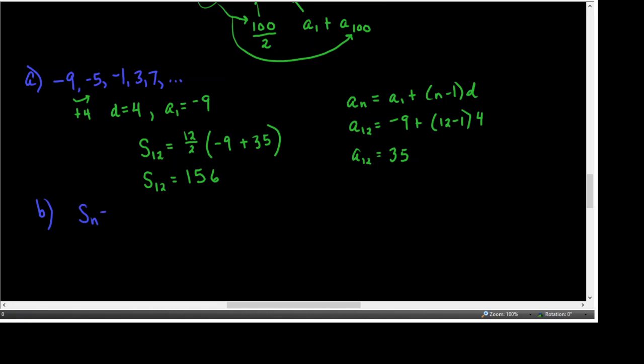S of n should be n over 2 times a sub 1, which we now know is negative 9, plus a sub n, which, specifically for this one, is going to be negative 9, plus n minus 1 times 4. So that's what our a sub n will be.